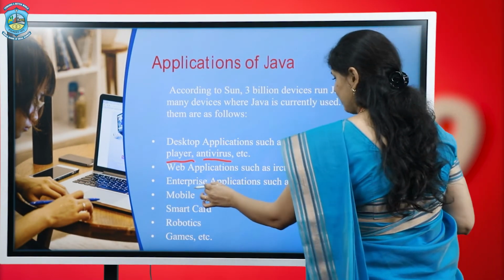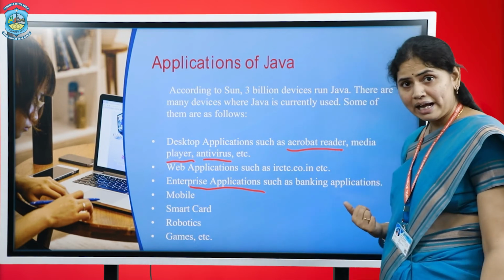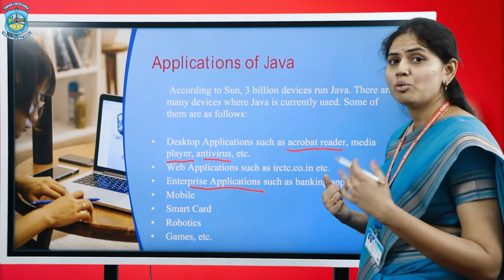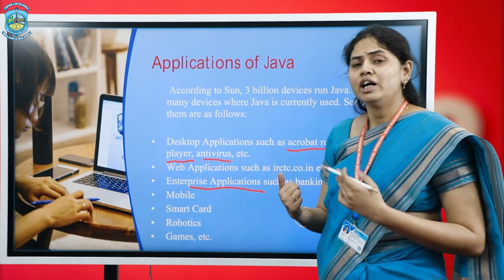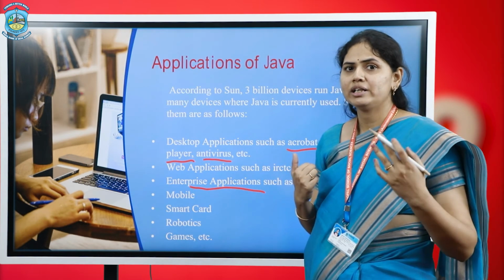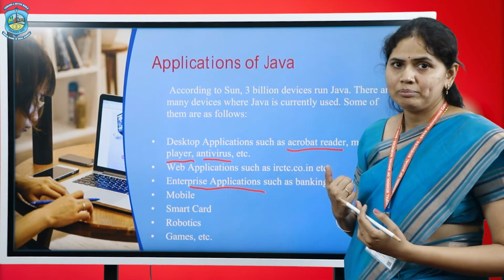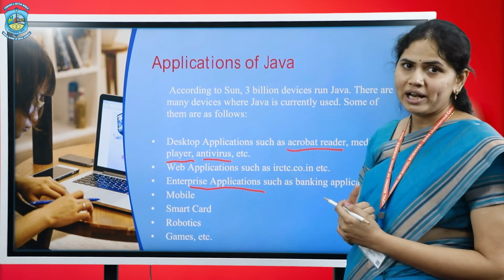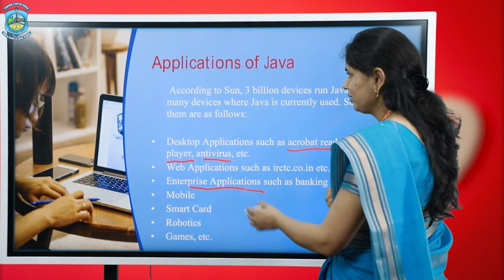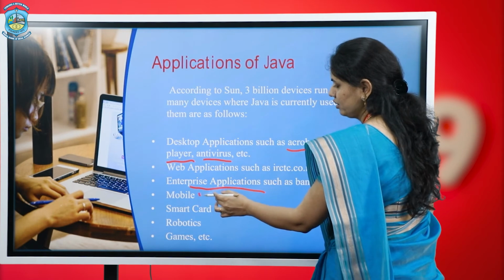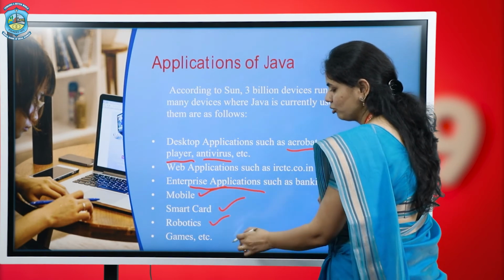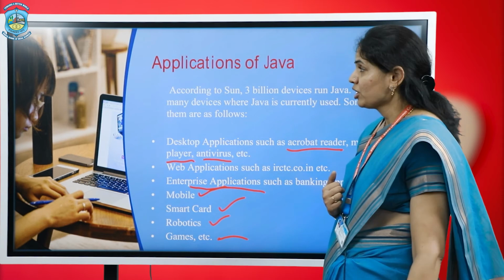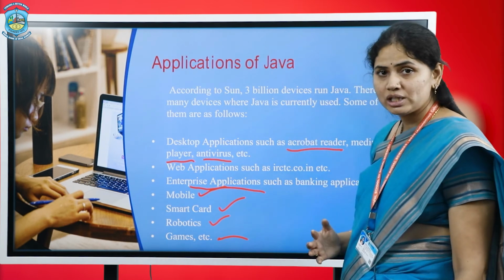Then enterprise applications like banking applications, as it is more secure, so we generally use this language to create banking applications on the enterprise edition of Java. Then we also use it in mobiles, smart cards, robotics, games, etc. So these are the various applications of Java.